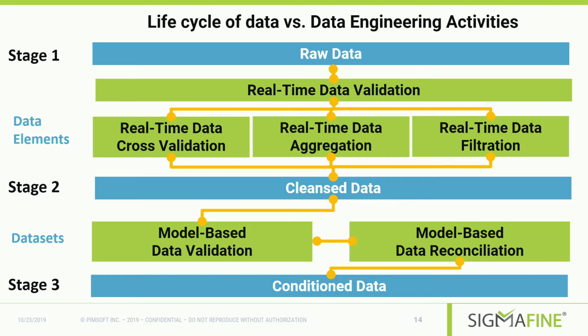But essentially, you go from cleansed data to either reconciled or validated data if you're working in a mass balance environment. But if you're working in a digital transformation environment, the goal is to get a data set out there to that machine learning or AI or advanced analytics that's running, which is the best possible data to do that. So you, again, reduce the variance. And you can only do this by using model-based data reconciliation in the end on your data.